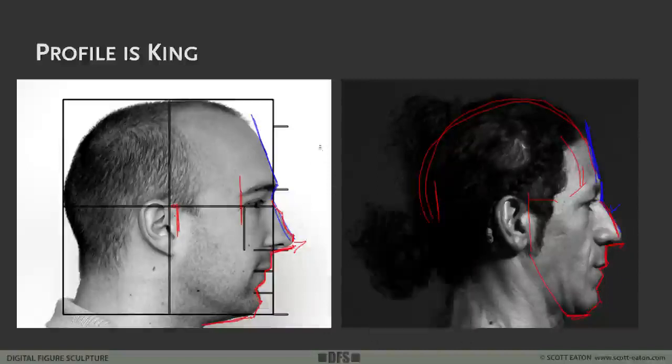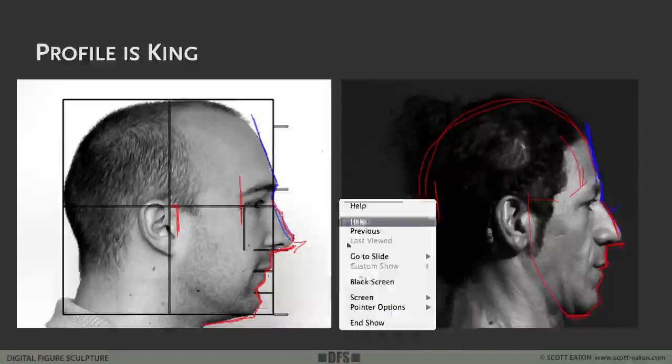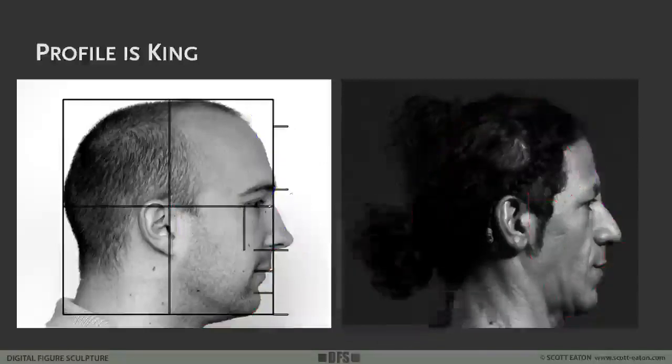Okay, so that's the main thing I wanted to cover here, the characteristic angles of the face and how important the profile is. Beyond that, the things you want to look for are the spacing between, say, the frontal bone where it turns back, which could be right about here, to the center of the eyebrows roughly.